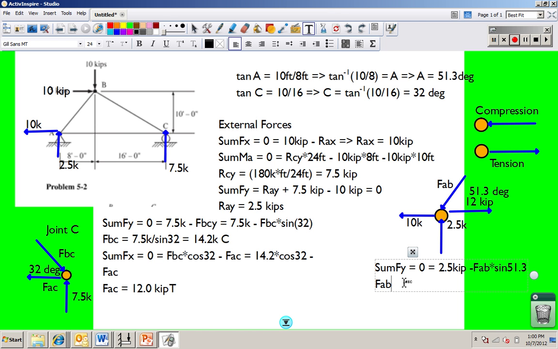Then when we solve for FAB, it's going to be 2.5 divided by sine of 51.3, so it'll be 3.2 kips. Look at how we drew it. It's going towards the joint, so it's in compression. Right? And that does it. Hope this helps.